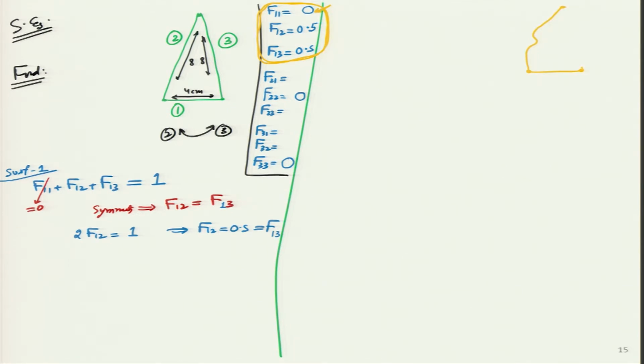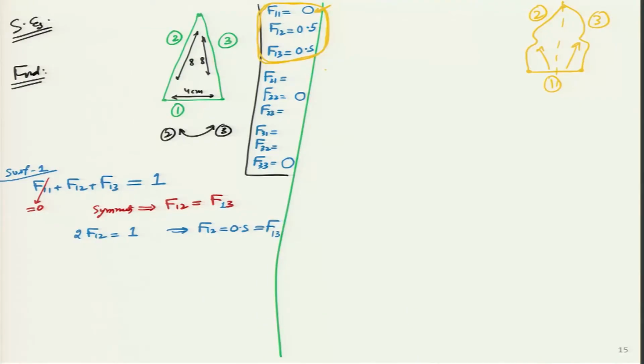As long as they are both symmetrical like this, even then the view factor from 1 would be half here and half here. This is a very interesting thing. It need not be a flat surface, it can be an uneven surface also. As long as it is symmetrical around 1, f12 and f13 are both half. So, I think 3 values we have found.